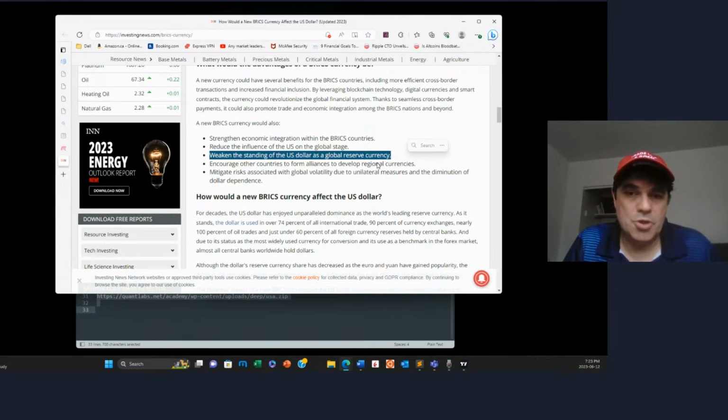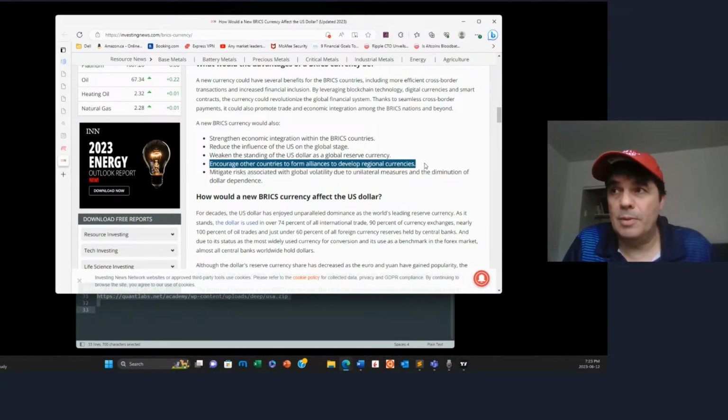So that is exactly what de-dollarization is. And they want to encourage other countries to form alliances to develop regional currencies. And they want to mitigate the global volatility due to unilateral measures and diminution of dollar dependence. So what's going on right now is if in a country, great example, Sri Lanka. I'm sure you heard about what's going on in Sri Lanka.